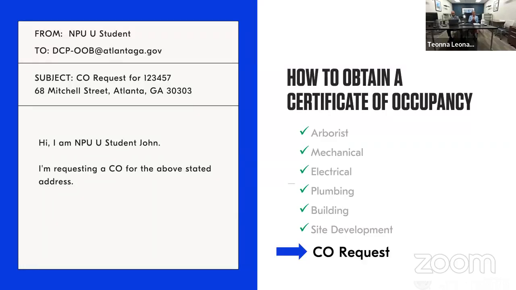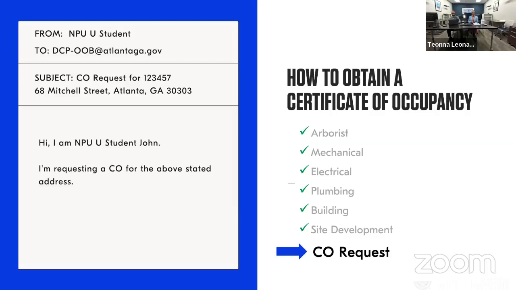If you have completely renovated your home with the same footprint that was there before, all new from the ground up, meaning a full gut, you still would not get a new CO. You would get what's called a CC, or Certificate of Completion.